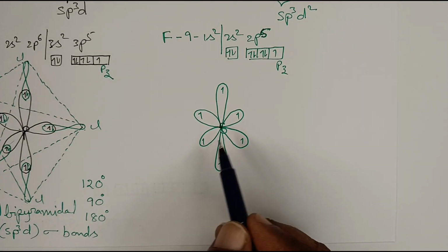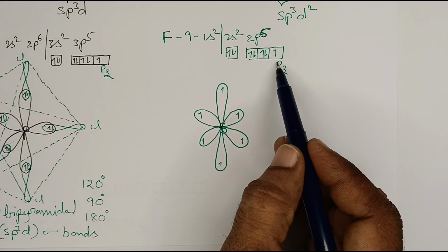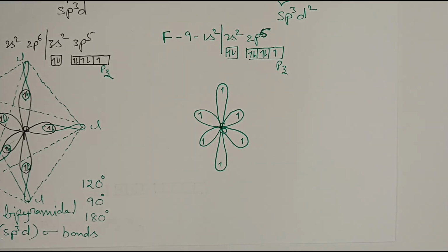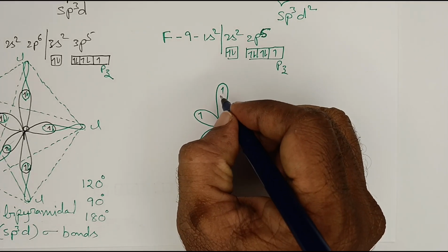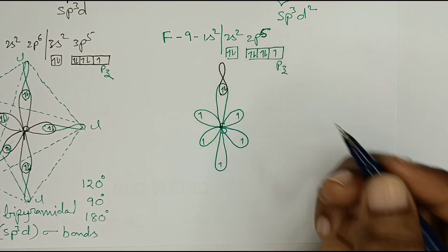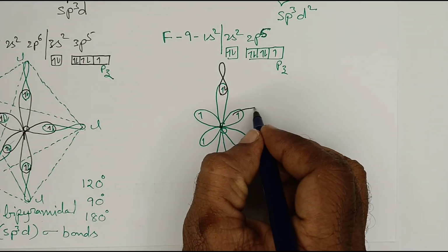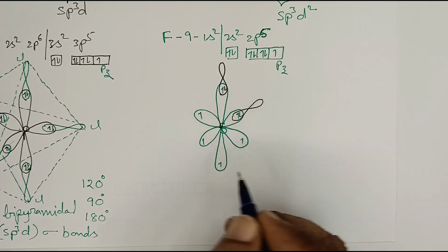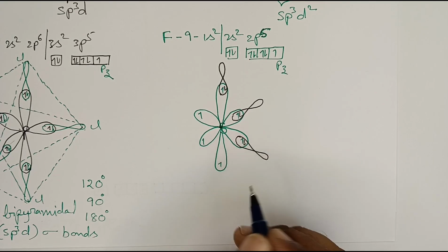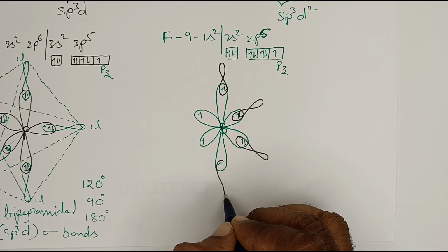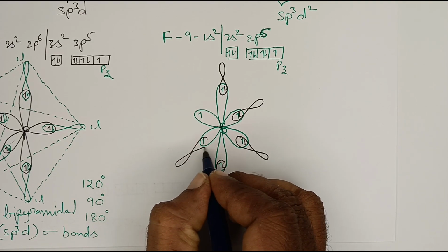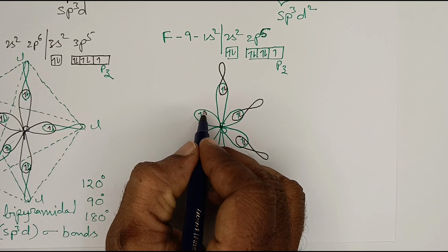With these 6 unpaired electrons, the pz orbital of fluorine combines. Here this is the pz orbital of fluorine, 1 and 2, this is 3, this is 4, and here 5, and here 6.